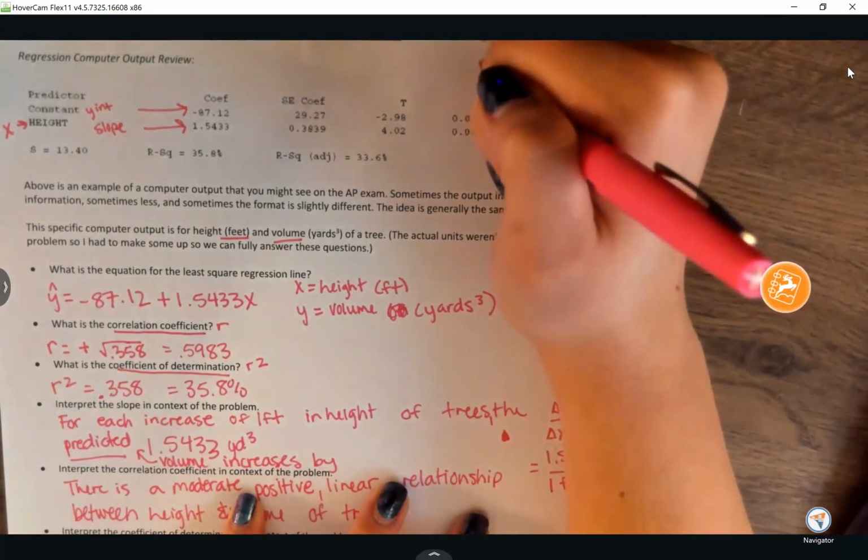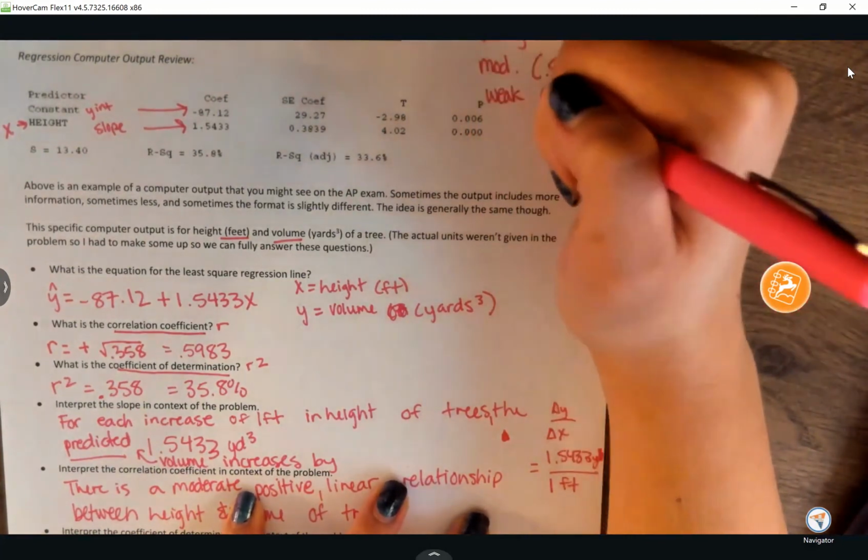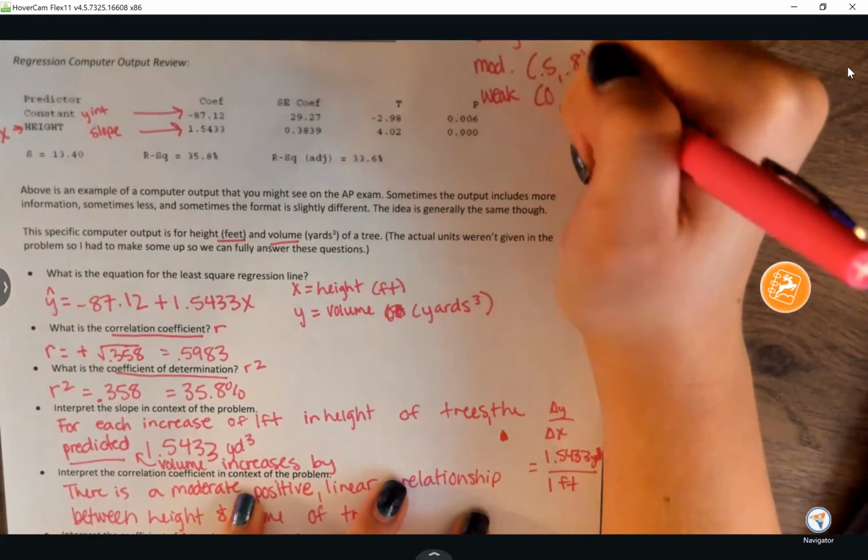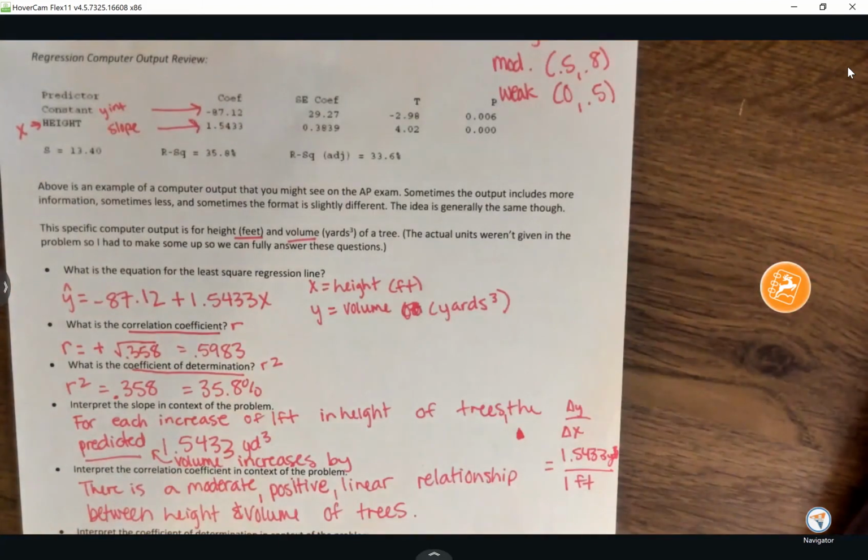And then weak is between 0 and 0.5. But these are guidelines. If you have a number, follow these guidelines. If you're just looking at the graph and you're not sure if it should be strong or moderate, call it moderately strong. If you're not sure if it'd be weak or moderate, call it moderately weak. Or if the number is right on the border. But if it's not on the border, go ahead and follow these guidelines.